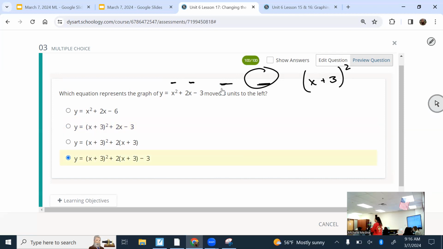Okay, let me check the key just in case, to make sure this key isn't wrong. This is lesson 17. Okay, yeah, that's right. So if you're changing the x in one location, you need to change it in all locations. So this is right.